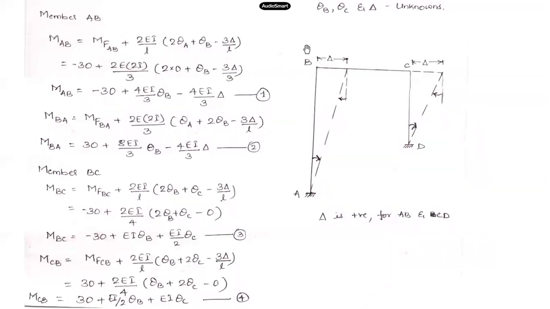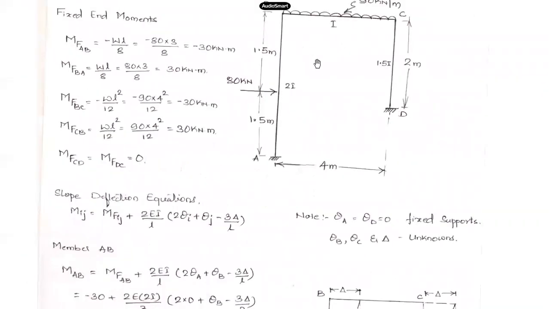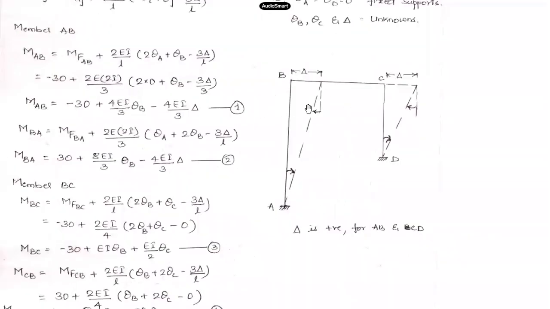Due to that 80 kilonewton force which is applied over here, it is trying to push the frame towards right. So I assumed that the frame will sway towards right. So from B to this point, this is the sway towards right. I have drawn that deformed shape, and with respect to the original position of the members, I have tried measuring the rotation over here.